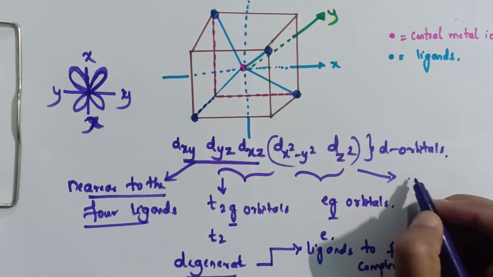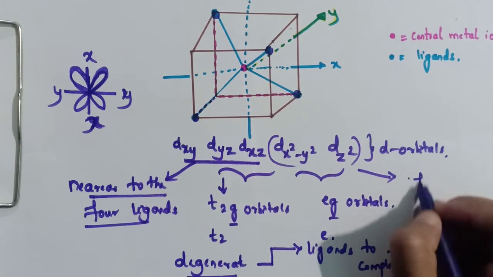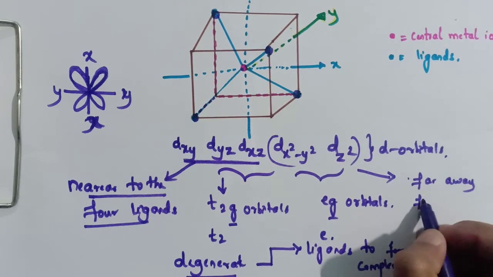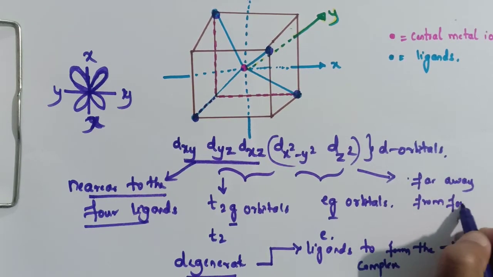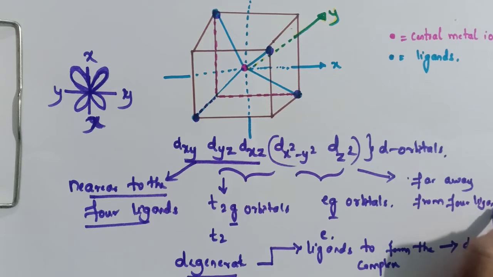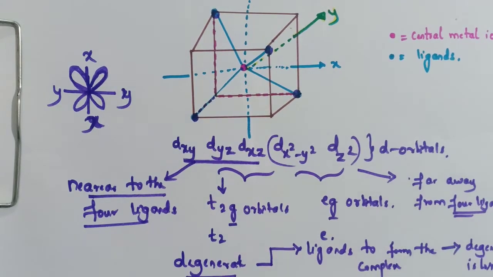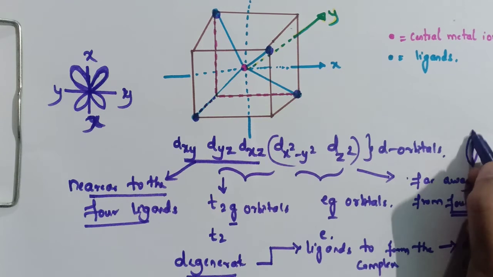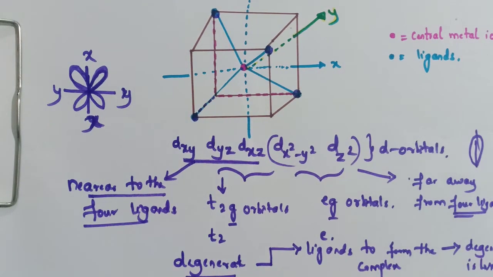But these are far away from the 4 ligands. Why? Because these lobes are along the axis. If the axis is like this, the lobes will be oriented like this. So these are far away from the 4 ligands.